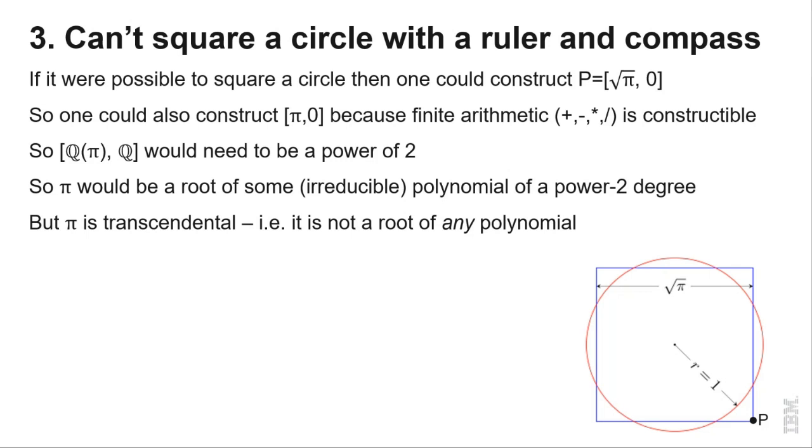If you did, it would imply that the degree of the field extension Q(pi) would be a power of 2, but that would mean that pi is a solution to some irreducible polynomial of degree a power of 2, and that's impossible because pi is transcendental, and transcendental numbers are not a root of any polynomial.